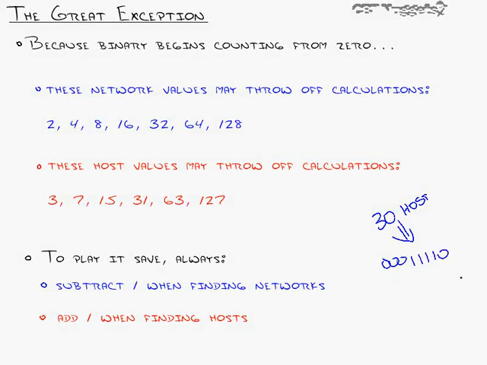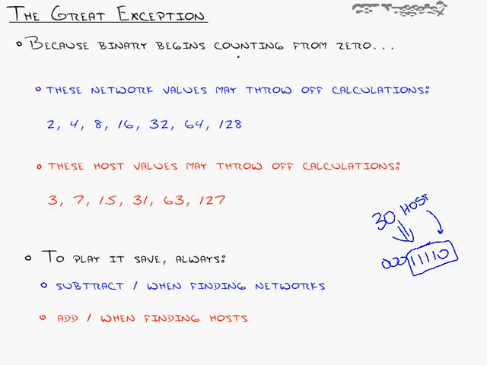I think that's the number for 30. I was just doing that while I'm talking, and if that's right, I must be really good, but it's probably wrong. So the reason I have you break that into binary is because I need to know how many bits it takes to get the number 30, because that will tell us how many bits we need to carve out of our subnet mask or save for the hosts in order to get an accurate answer.